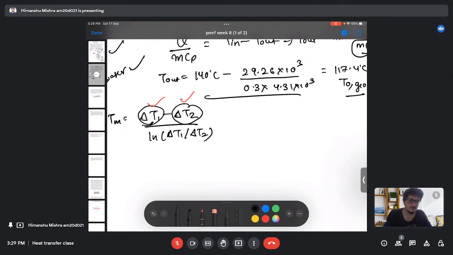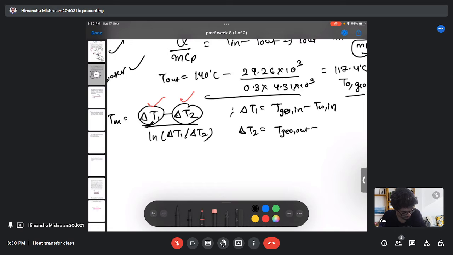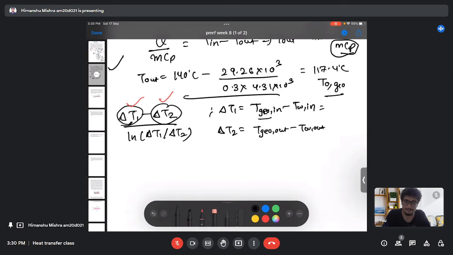For the parallel flow case, my geothermal water and my normal water will enter through the same direction. So based on this information, you can find my delta T1. My delta T1 is just the difference of the inlet temperature of the geothermal water and the inlet temperature of the normal water.